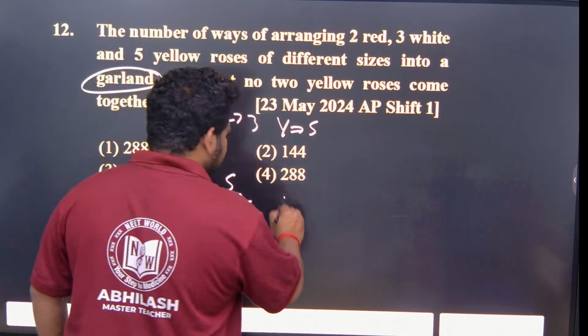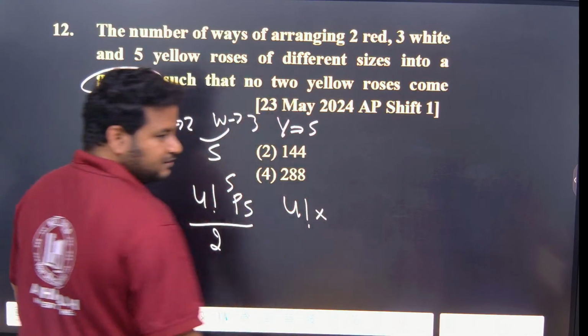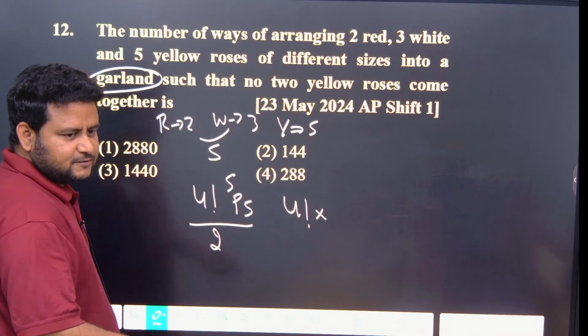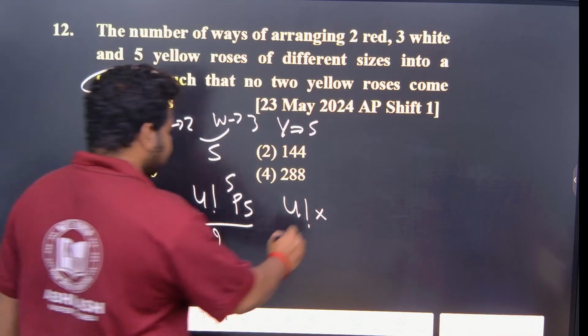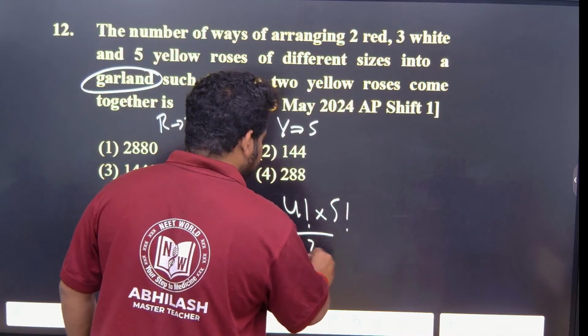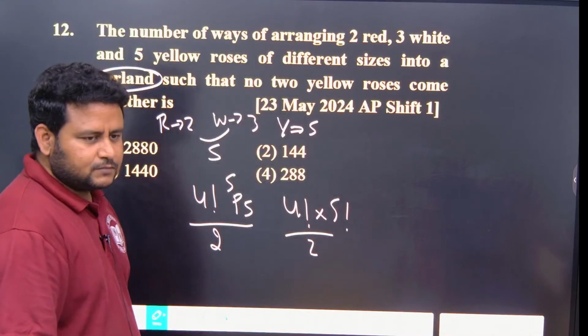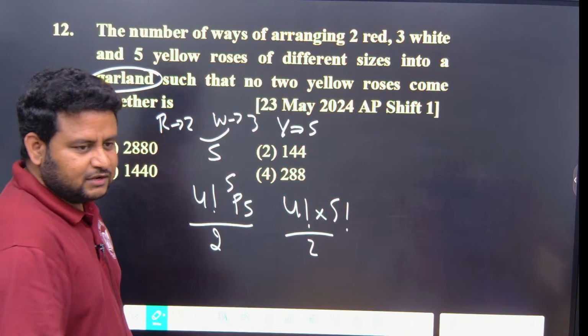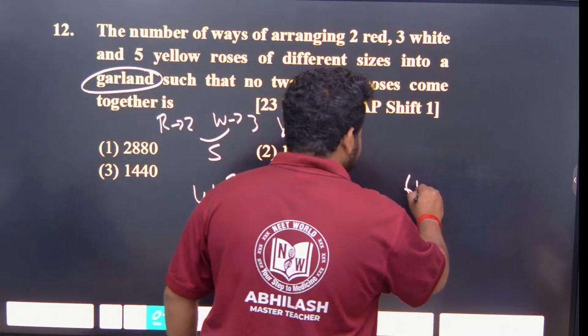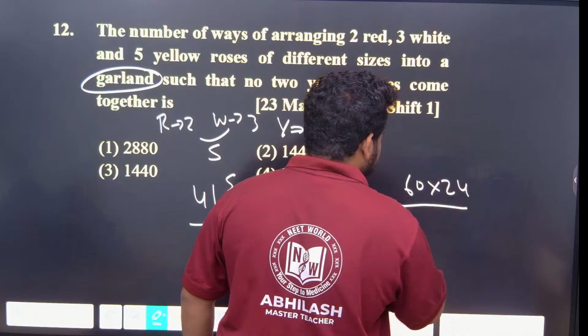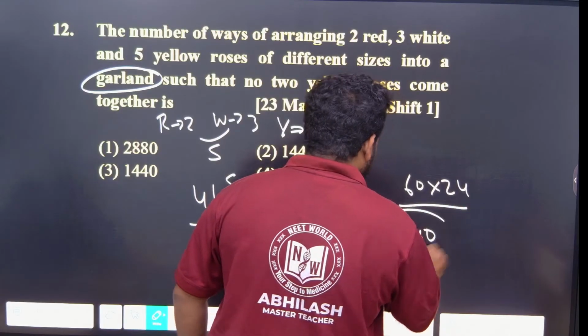So, 4 factorial into 5P5, which is 5 factorial, divided by 2. 4 factorial is 24. 5 factorial is 120. 120 divided by 2 is 60. 60 into 24 is 1440.